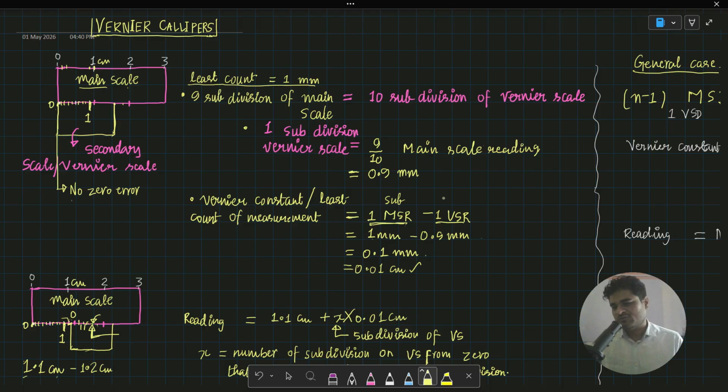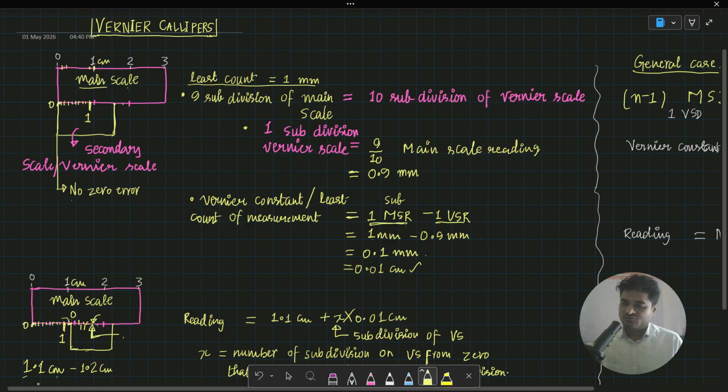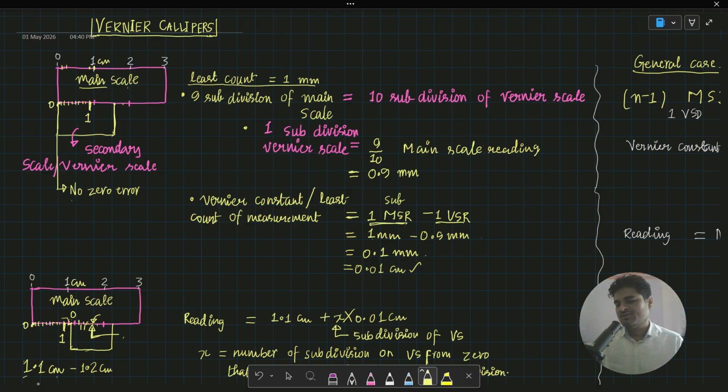So let's say we have now got a situation like this, where the reading is between 1.1 centimeter and 1.2 centimeter. We know that main scale reading can at best measure 1.1 centimeter or 1.2 centimeter, but using this Vernier calipers, we get to read further than that.